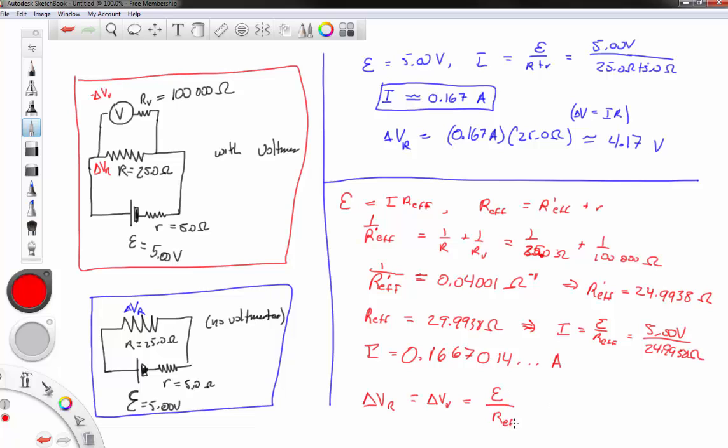So that's basically epsilon over R effective times R effective prime. Could also, of course, use that this is equal to I times R effective prime.